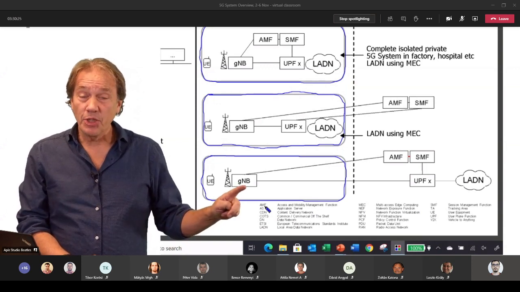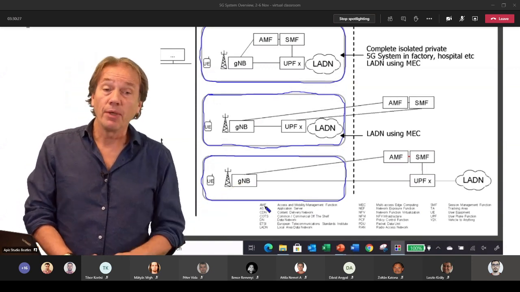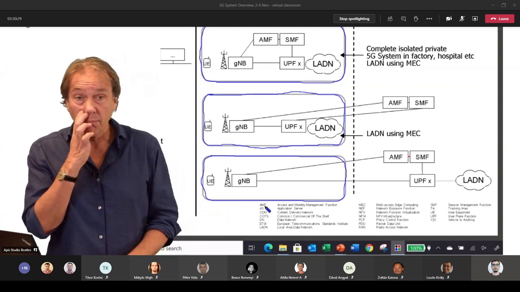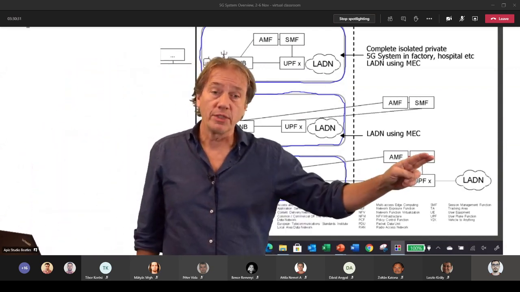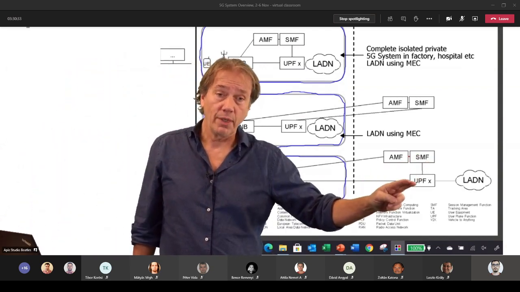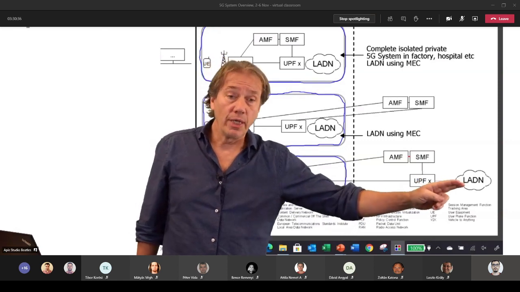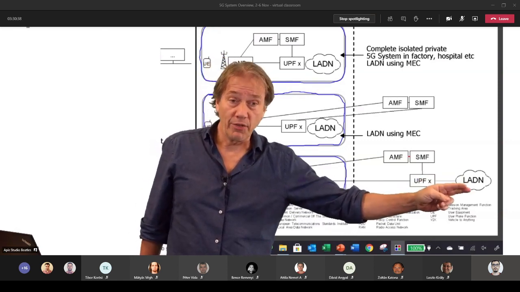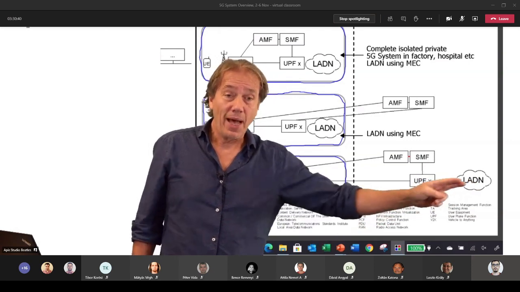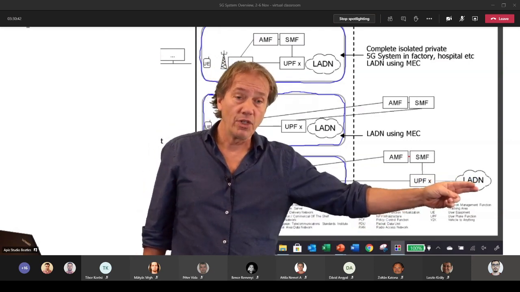The base stations need to be inside the area, but the rest can be somewhere else. AMF, SMF, also the UPF can be somewhere else. Also the data network itself, where you have the application server, application function.